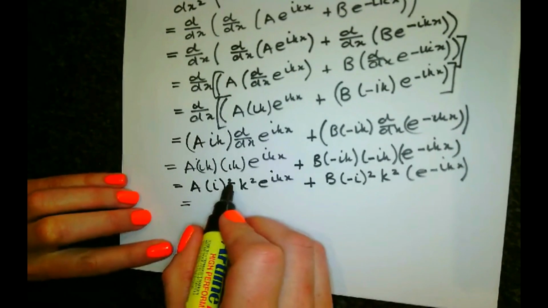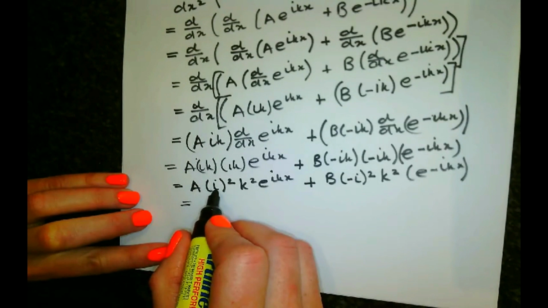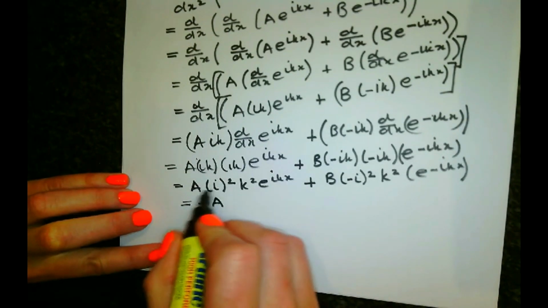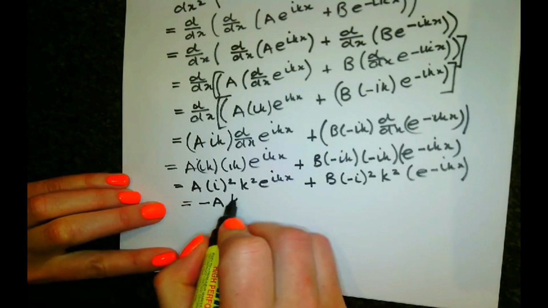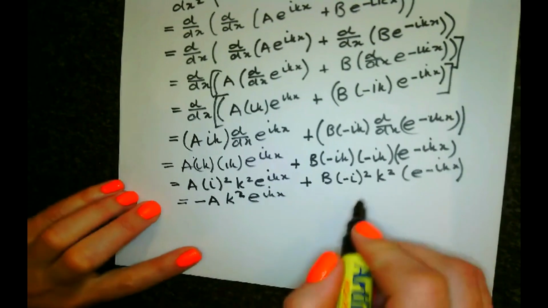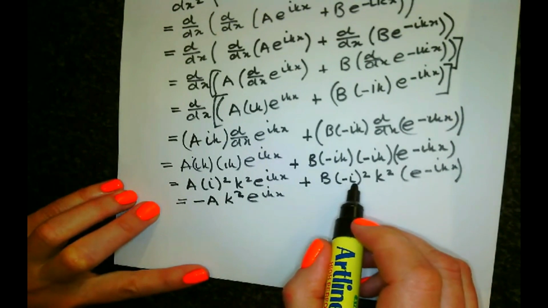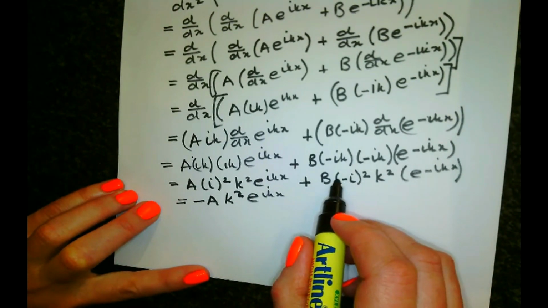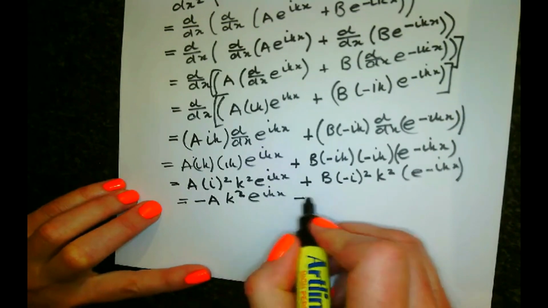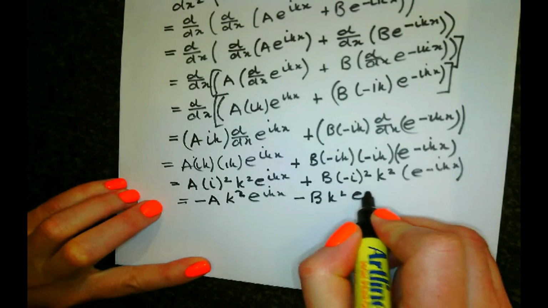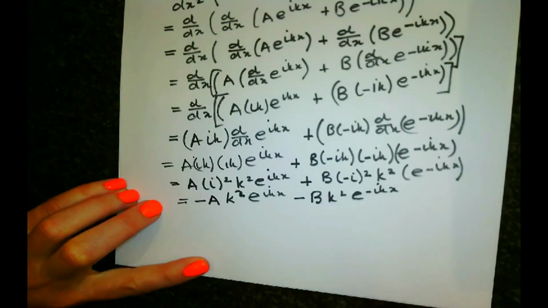But remember, i squared is minus 1, so that becomes a minus 1 times a k squared. And we also said previously that minus i squared also becomes minus 1 times b, so that becomes a minus b k squared e to the minus ikx.